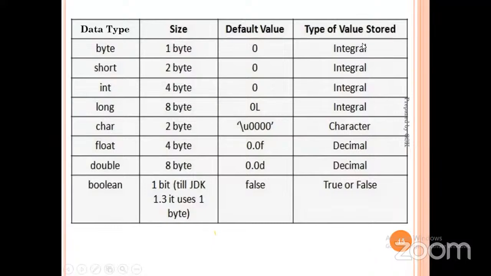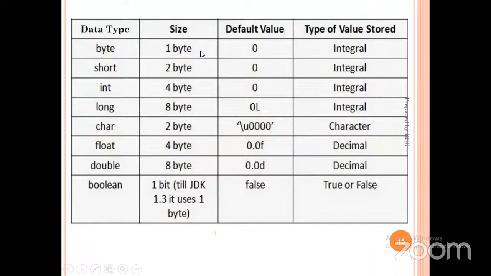And I already covered byte, short, int, long. All these are integer types, used to store integral values, numbers without decimal. Coming to the size, short size is 2 bytes, int size is 4 bytes, long is 8 bytes. Already we covered one important point: Java is architecture neutral.